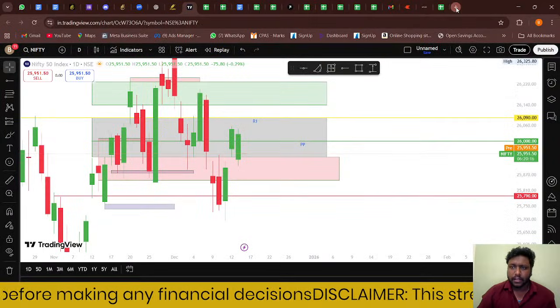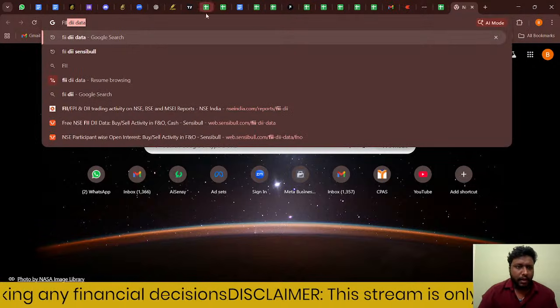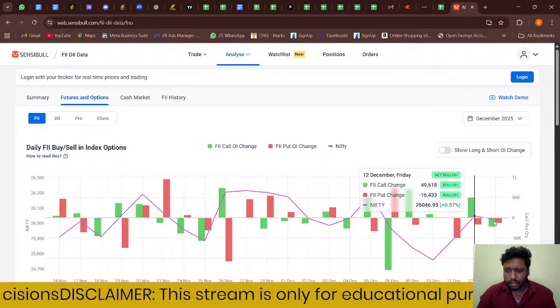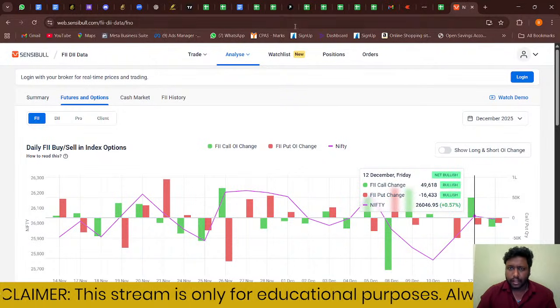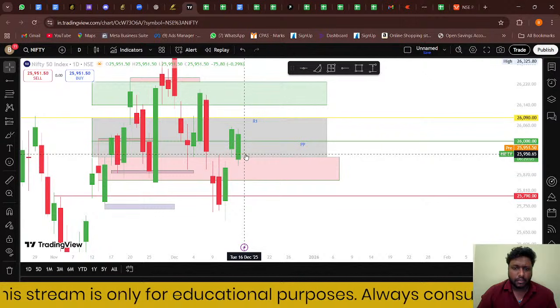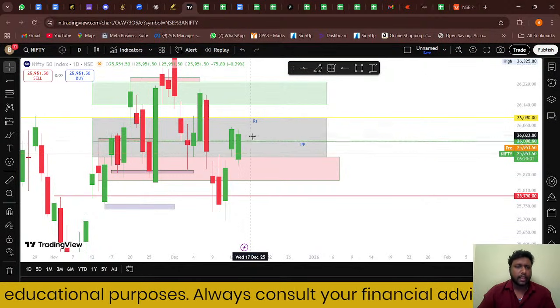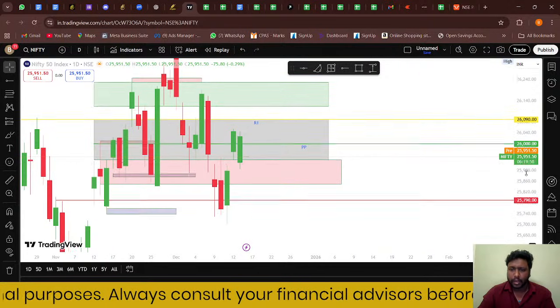And regarding the FII sentiment data, with respect to the F&O part, it is net bearish today, so that explains the start. Anyway, any movement above this can validate the bullish momentum again.